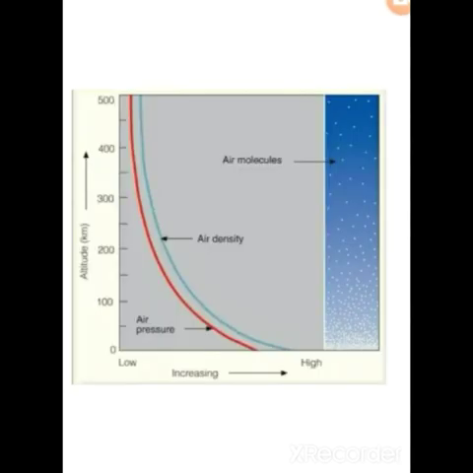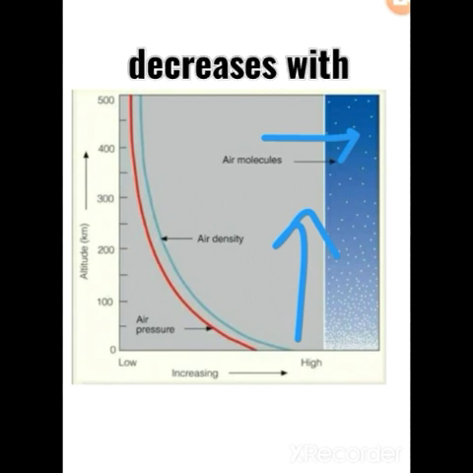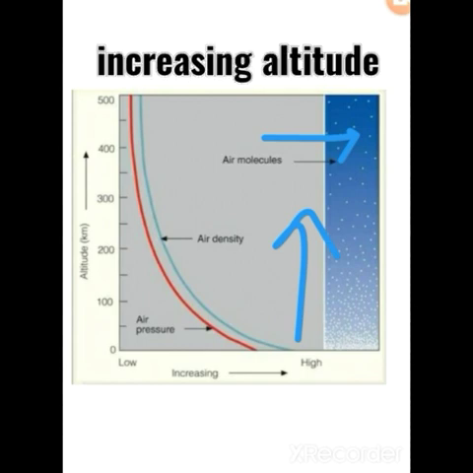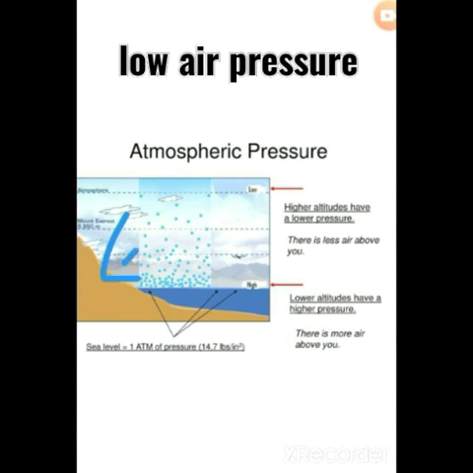This proportion decreases with increasing altitude. As one moves higher and higher from the surface of the earth, the air becomes thinner and thinner. As a result, the air pressure decreases with increasing altitude. It is because of low pressure in mountainous regions that breathing gets hard.